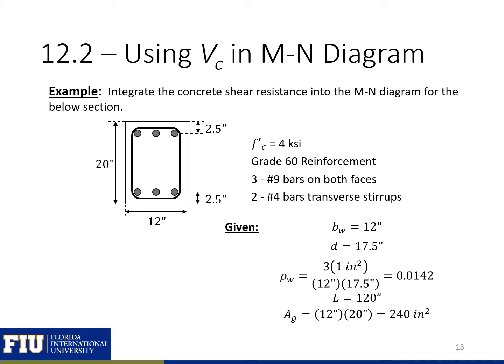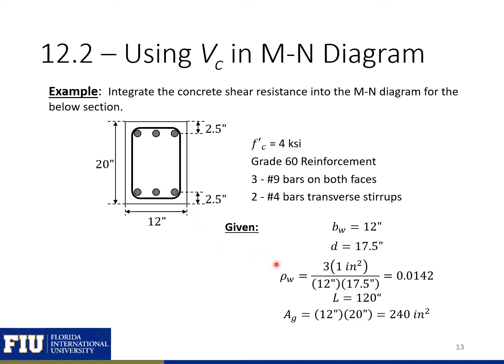In the example problem that we'll cover on the next couple slides, we will integrate the concrete shear resistance into our moment axial force interaction diagram for this section shown here, with a 20-inch depth, a 12-inch width, and 3 number 9 bars on both faces.